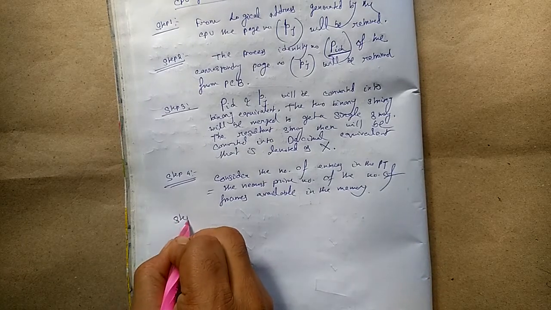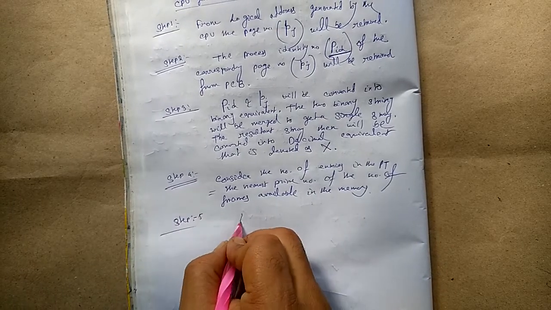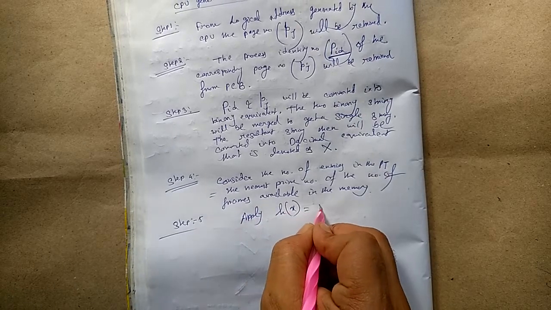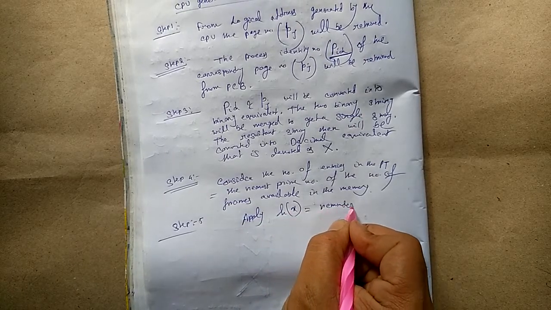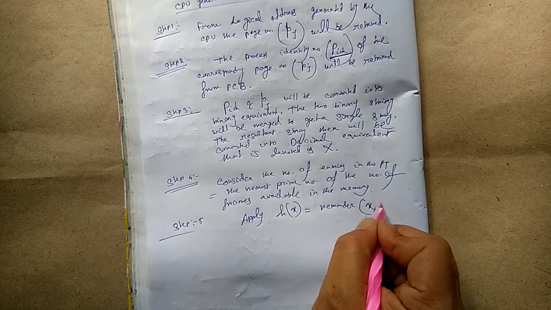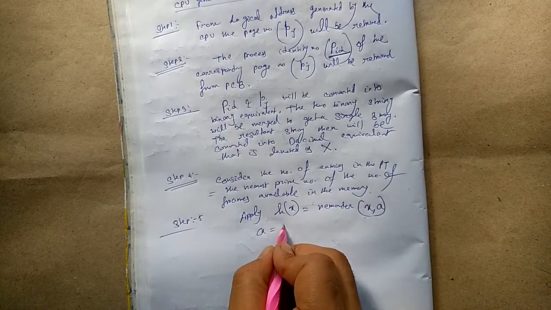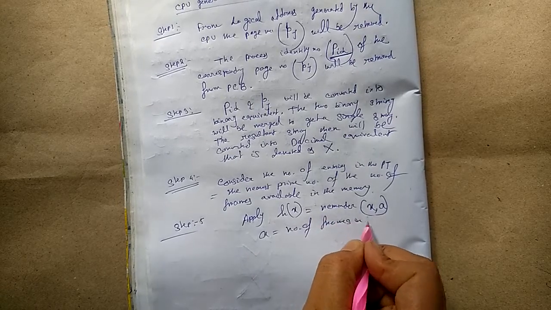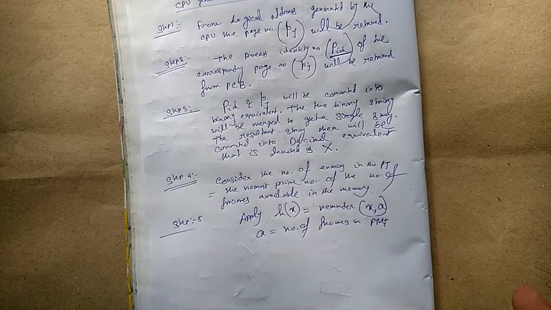Step 5, apply the hash function, denoted as h(x) equal to remainder of x comma a, where a equals the number of frames in the page map table.